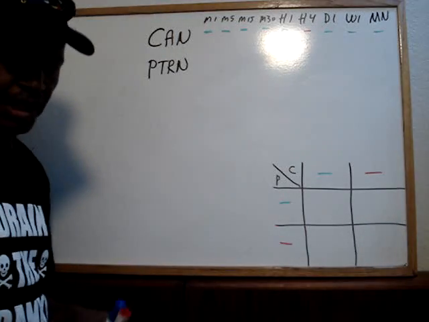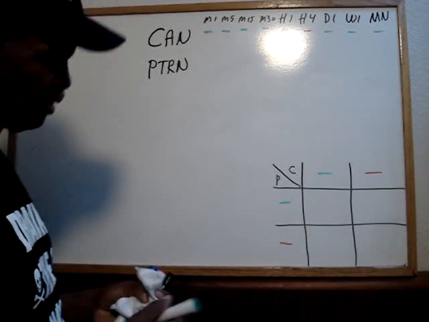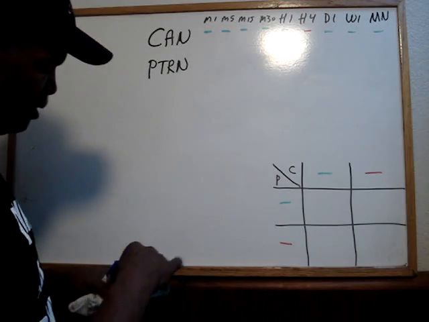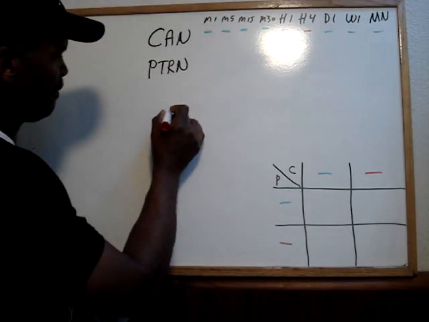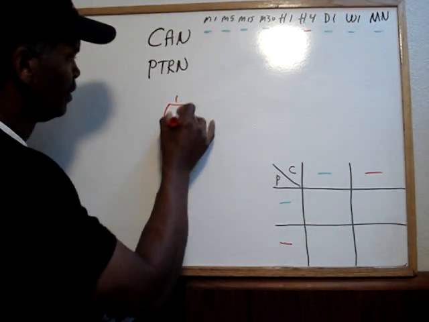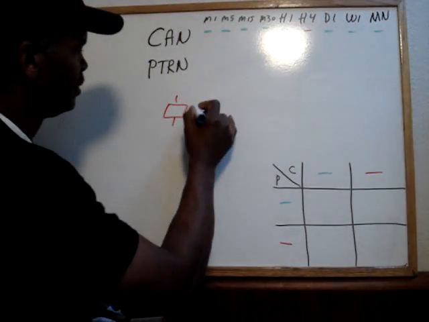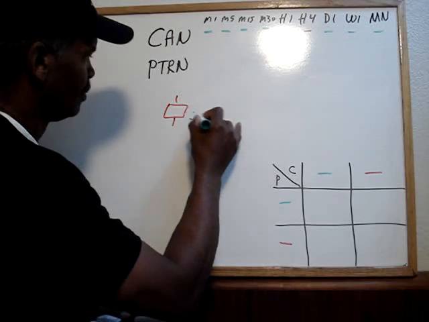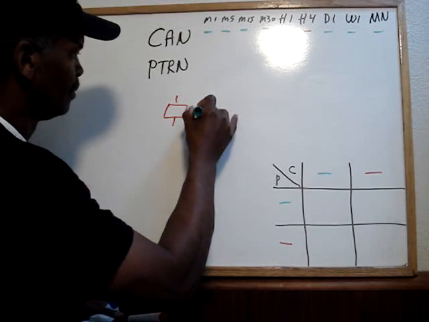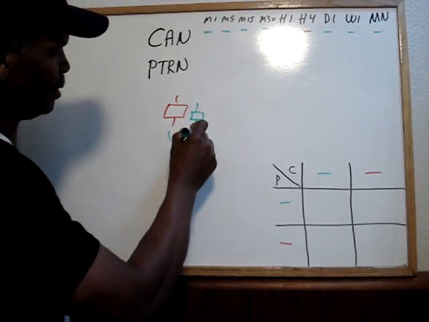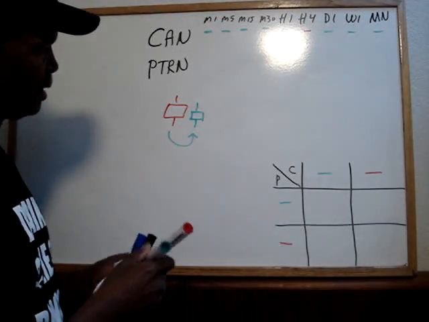Now, the latest one I've been talking about is price turn, where if you have a candle that's red followed by a candle that's green, we say price turned up.